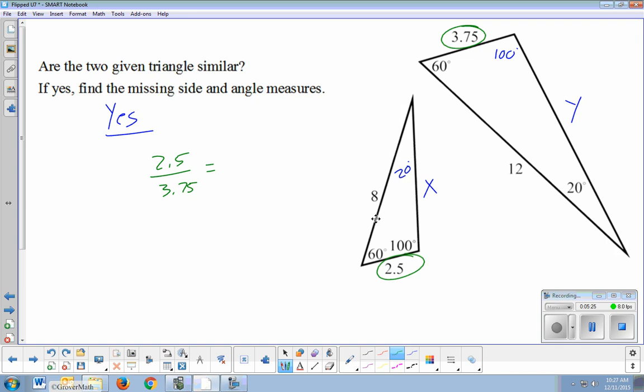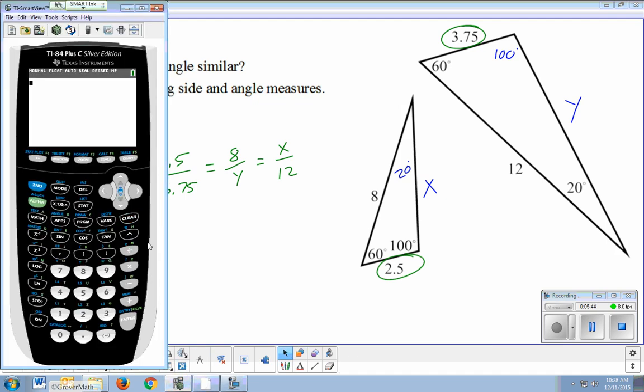So 8 in the small triangle between 20 and 60 corresponds to unknown side y in the large triangle, and x in the small triangle between 20 and 100 corresponds to 12 in the large triangle.